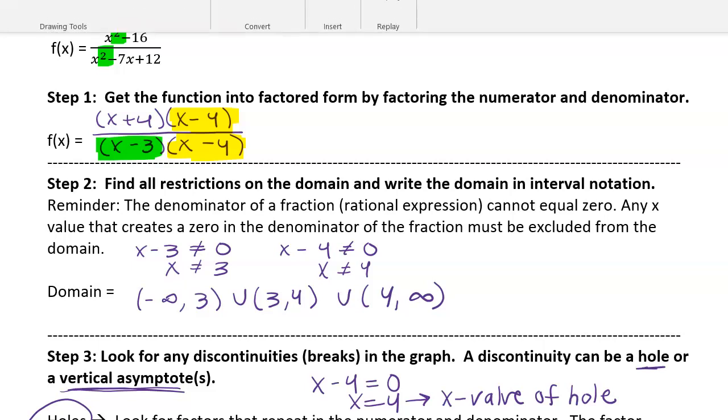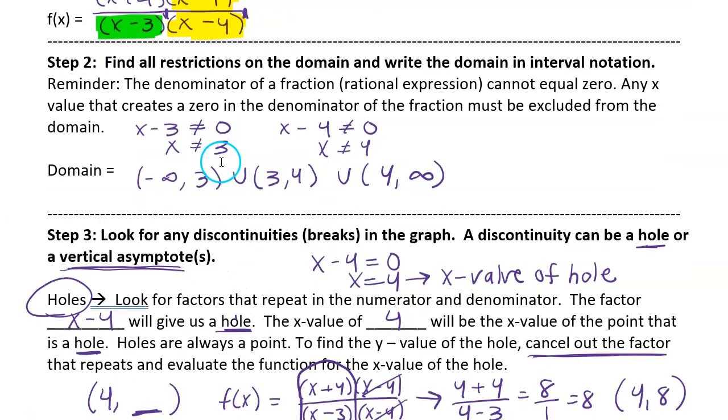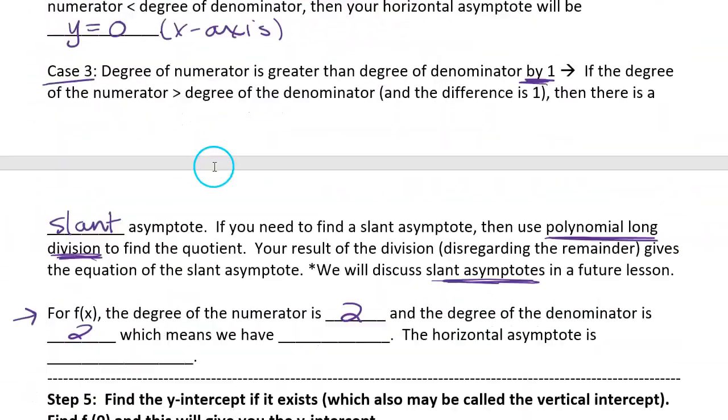If your function is in factored form, remember that you add up those exponents. So think about, you have exponents of 1, so 1 plus 1 is 2, 1 plus 1 is 2. So either way you think about it, the degree of the numerator is 2 and the degree of the denominator is 2. I just wanted to review that because it's very important that you are calculating the correct degree.